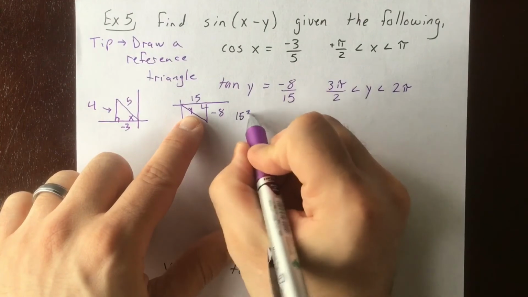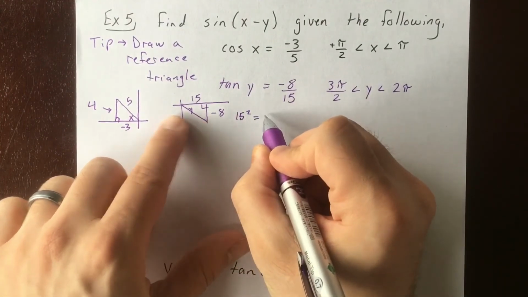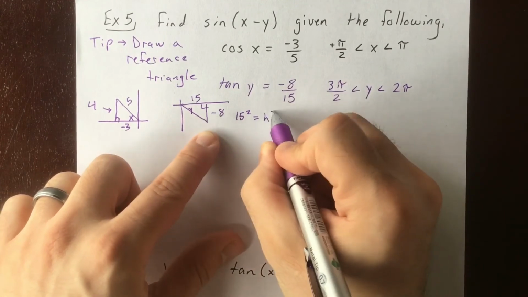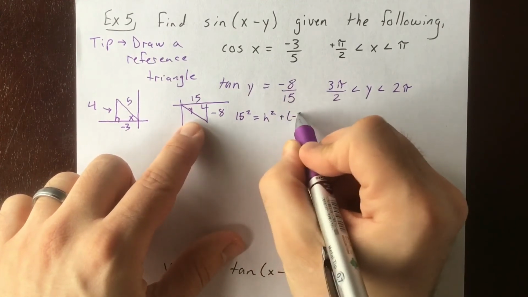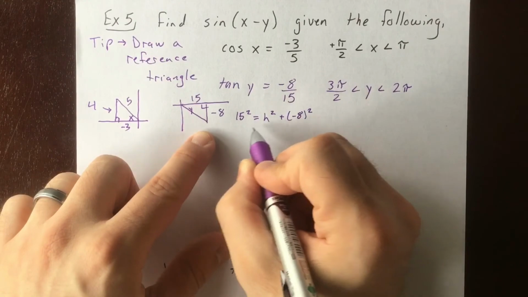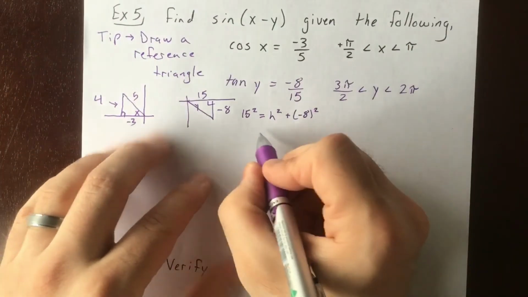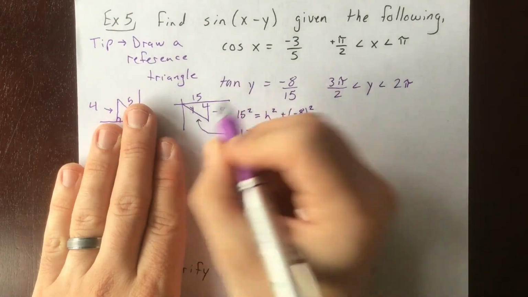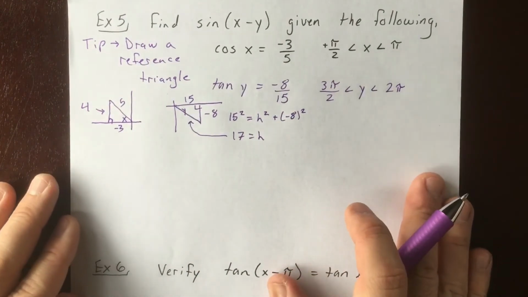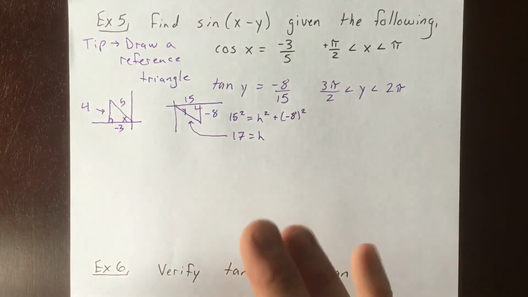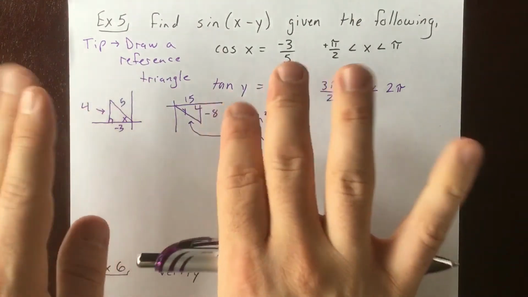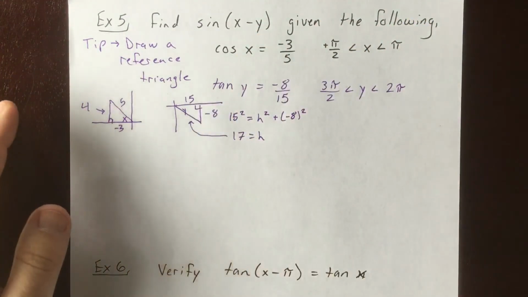If I did 15 squared equals, we'll put h for hypotenuse, squared, plus negative 8 squared, we'll get a whole number. So we will get that this is 17, which is good. Having a radical isn't that bad, it just makes things a little messier. So now having all 3 sides, we might be able to continue here.